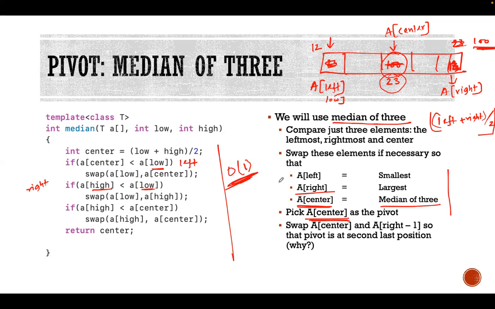Obviously it does not guarantee that it will divide the whole array into equal partitions, but it makes sure that we are not going to pick the lowest item or the highest item from the array. It will be some item between the lowest and highest. That's why it's just one of the strategies.